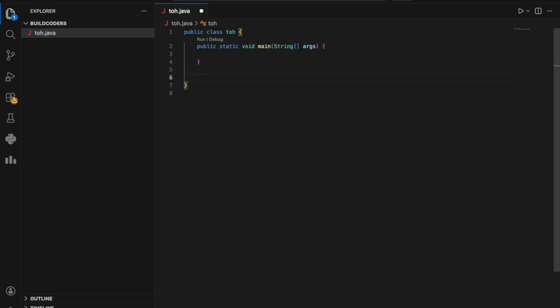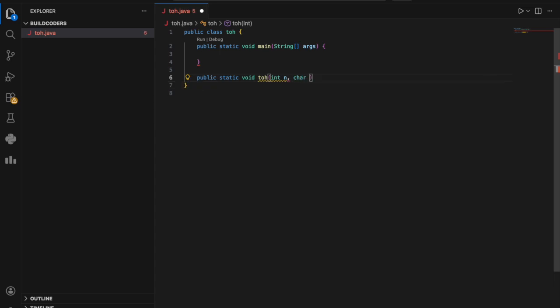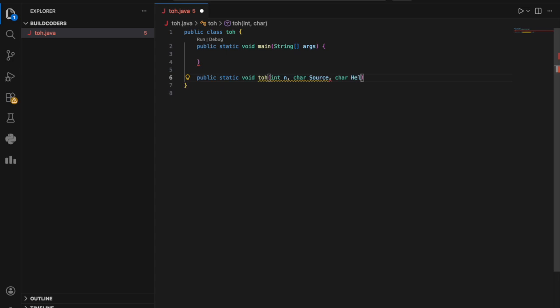So let's begin by writing the function public static void towerOfHanoi, and this will have 4 parameters. First, the number of disks, that is n in this case, then the 3 rods: source rod, helper rod, and the destination rod.